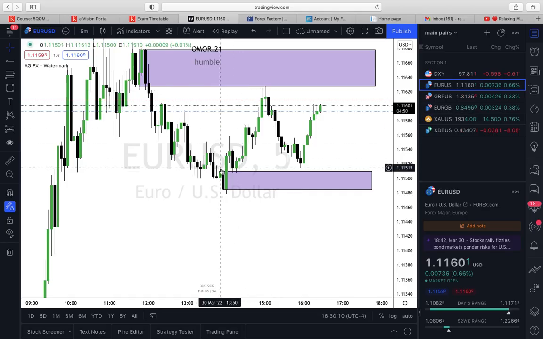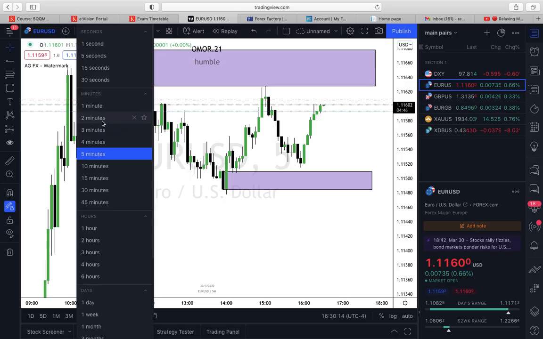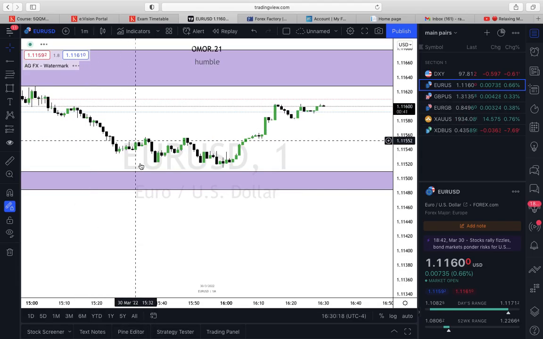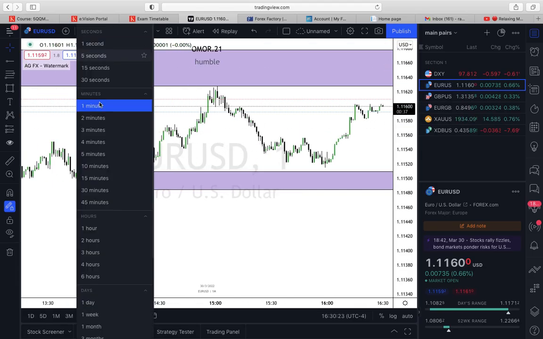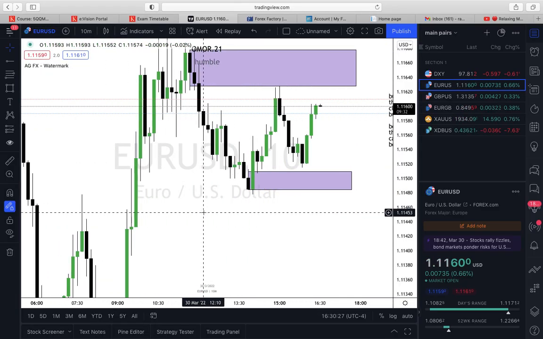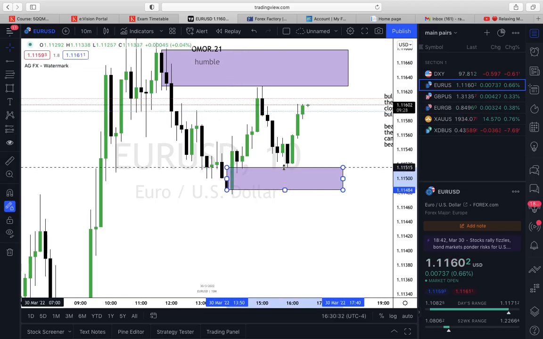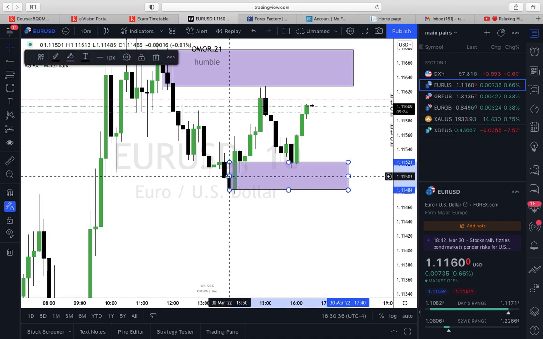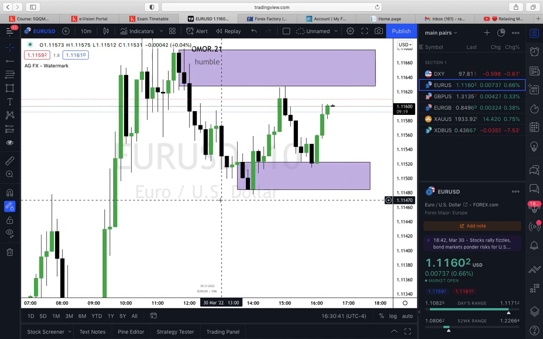Now, if this was a down close candle, let's go this one. Let's go into a 3-minute. Okay, still one candle. Let's go into a one. Still one big candle. 10. Okay, so like here on the 10-minute, if you're watching the 10-minute, you would want to put the box here.